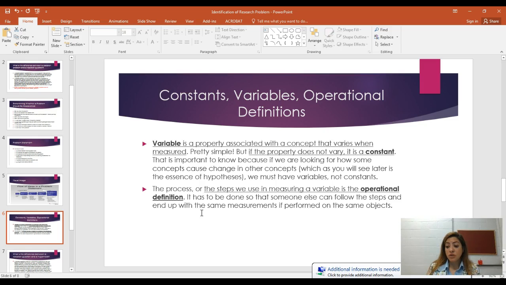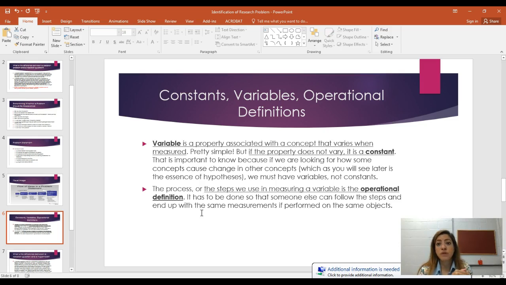Defining the process of your operation of the research is important because you want to help others to build on your research.